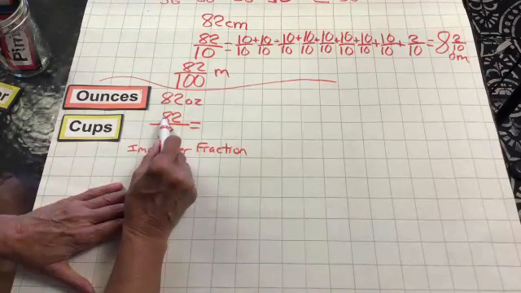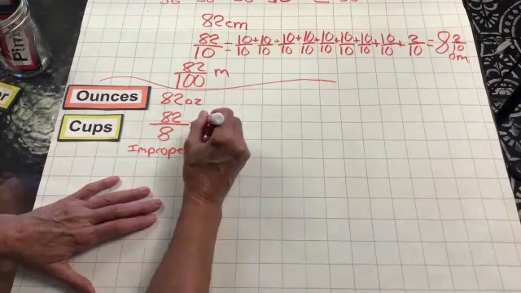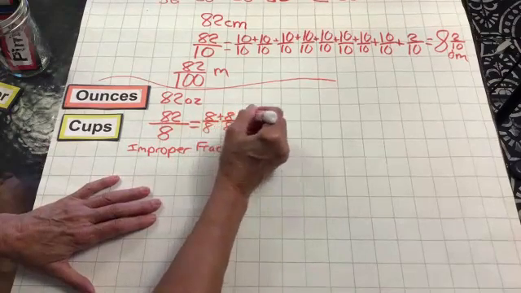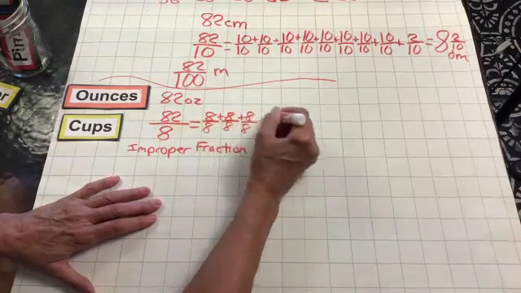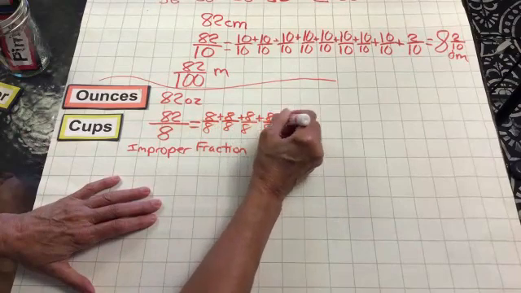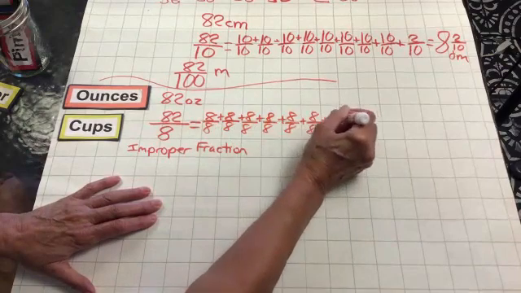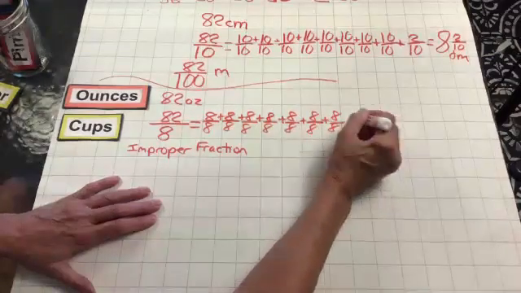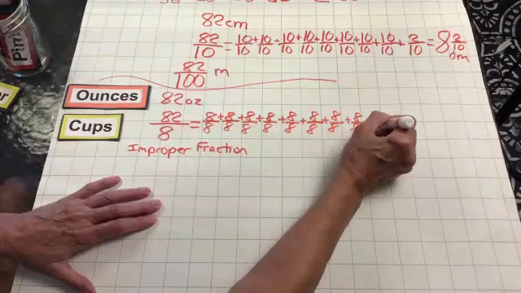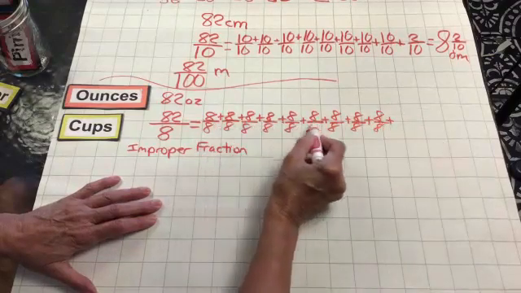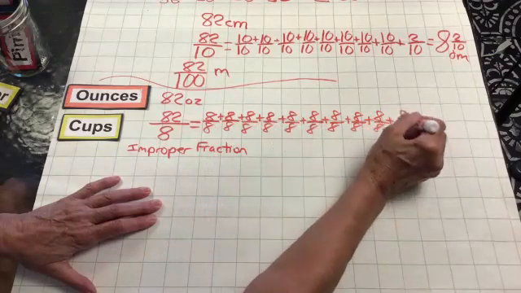We can get 10 eighths out of 80. So we're going to do 8 over 8 plus 8 over 8 plus 8 over 8, and so on, nine times, plus 1, 2, 3, 4, 5, 6, 7, 8, 9.